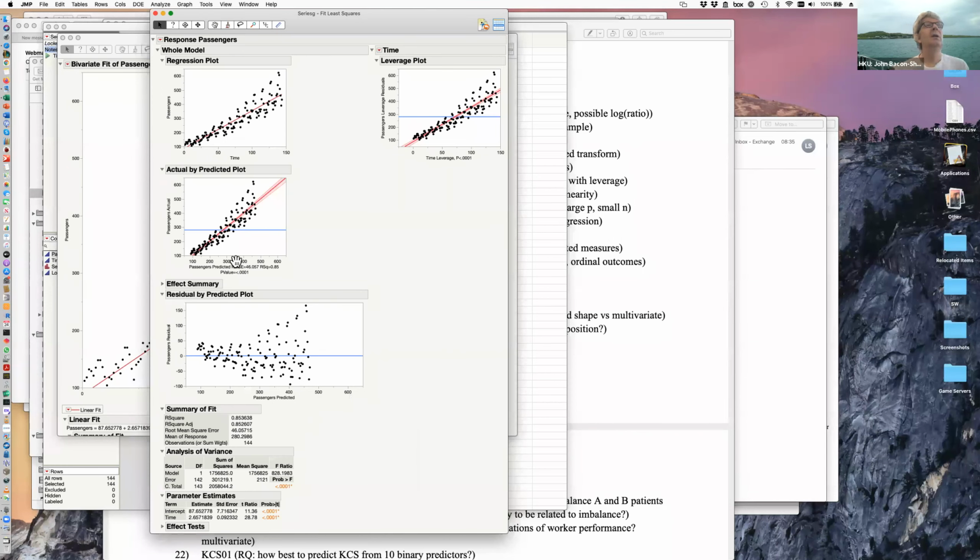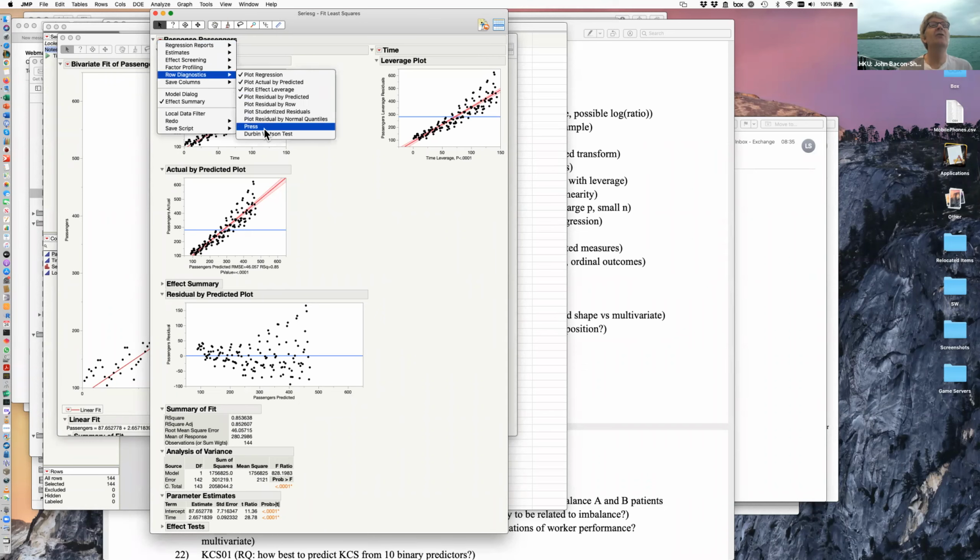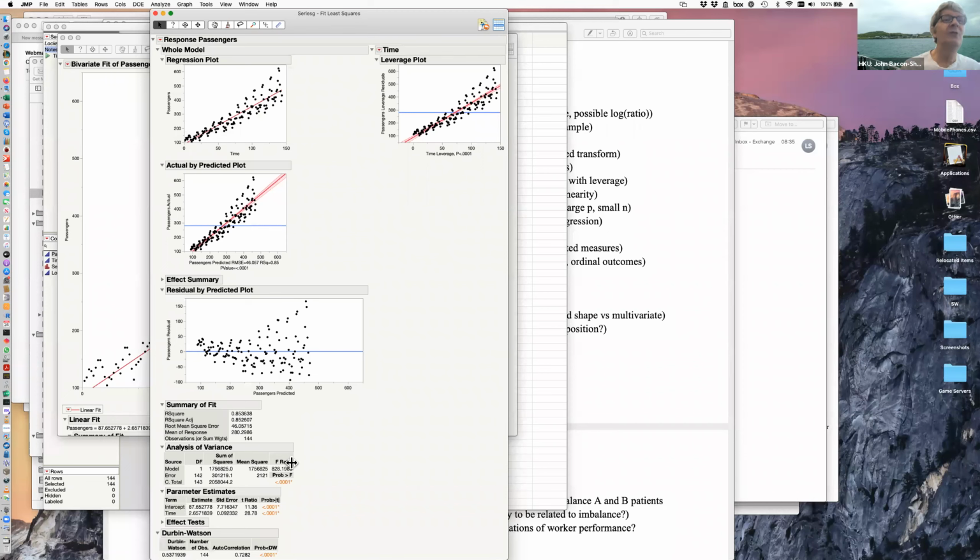So the other thing we should check, remember I showed you before, one of our diagnostic checks was the Durbin-Watson test looking for autocorrelation. And this time it warns us the autocorrelation is very high. The autocorrelation is more than 0.7, which is highly significant.